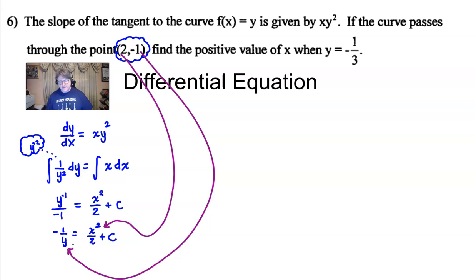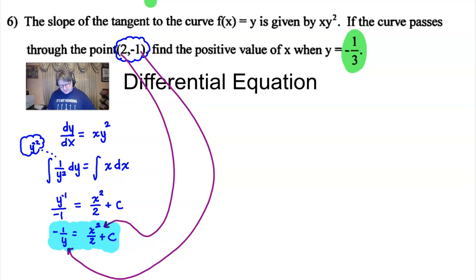Then you'll have an equation that looks a lot like this one, except you're going to know a c value. What this problem wants you to do to finish it up is to let y equal -1/3 once you find that c, and then solve for x.